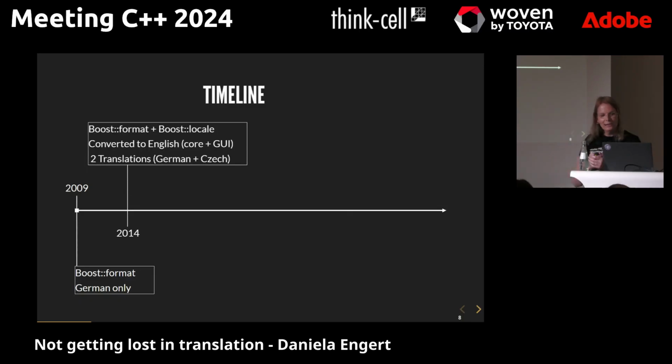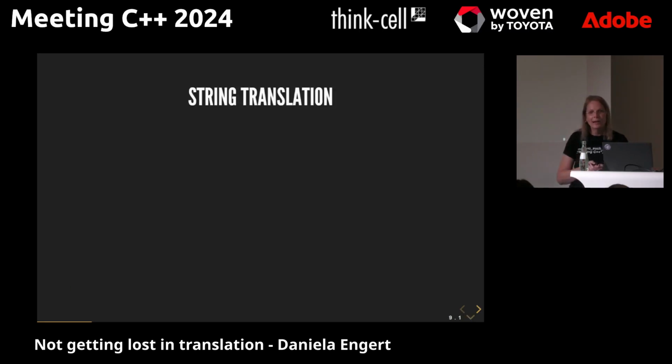So the first language we had to support was Czech. And as always, the best way to do it, look at Boost, and Boost has a library called Boost Locale. And with it came the question of how to handle string translation.